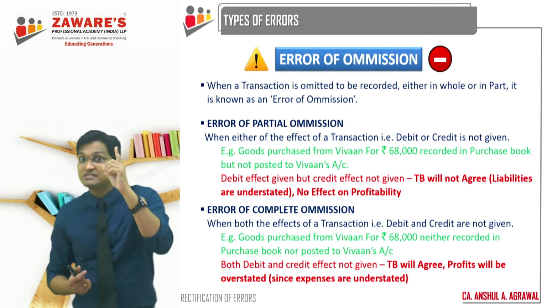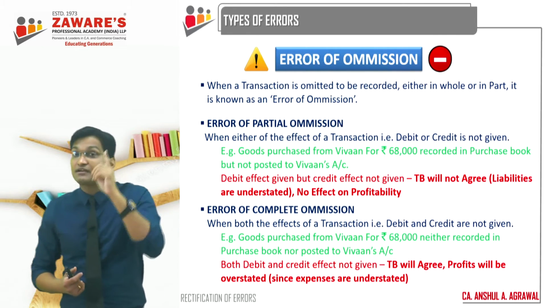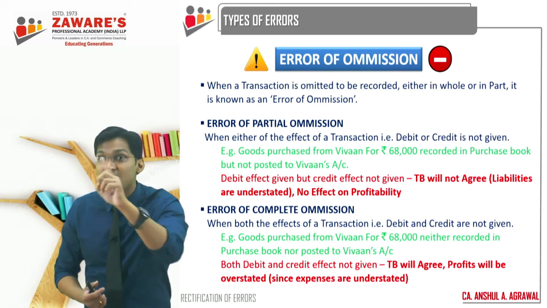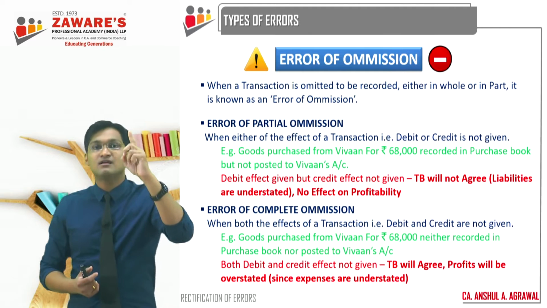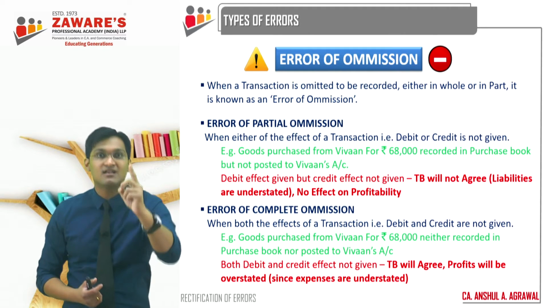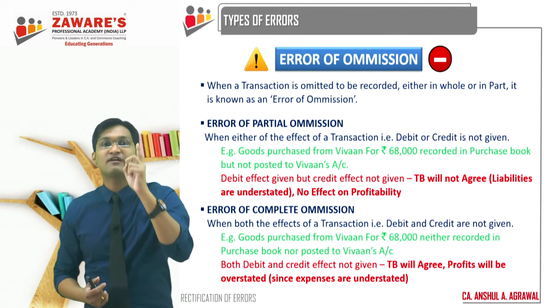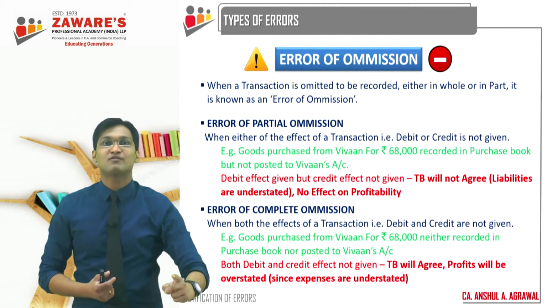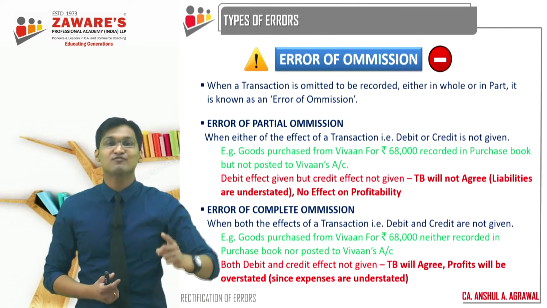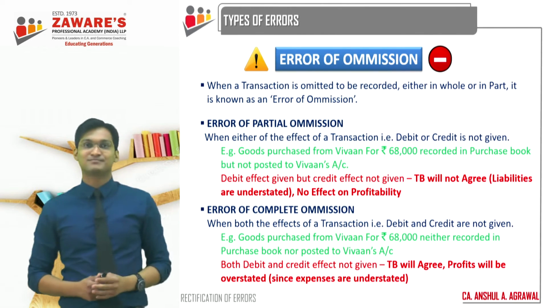Now see, I told you that if the trial balance is agreeing, it doesn't necessarily mean there are no errors. If your trial balance is agreeing, it doesn't mean necessarily your trial balance is not defective. It can still be defective, and this is the example we have seen over here, error of complete omission.